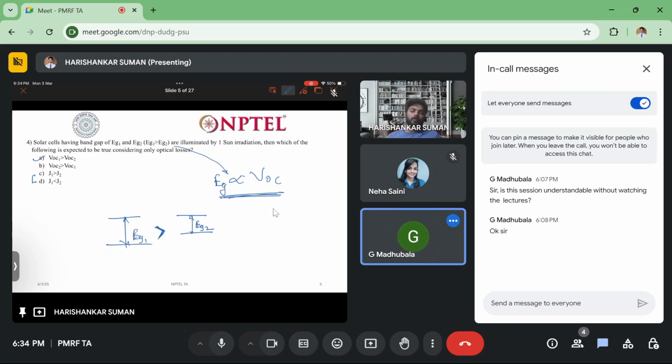Sir, J means current density. So current per area.